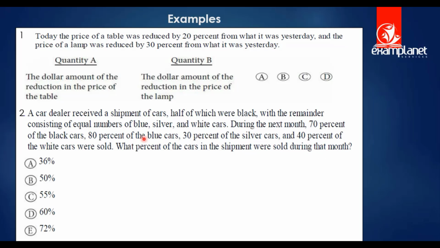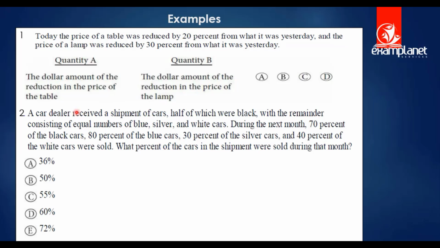If you check this question, it's a word problem. It has many things, but one key thing you can notice here is that we're talking about 70%, 80%, 30%, 40%, and the question is asking what percent.